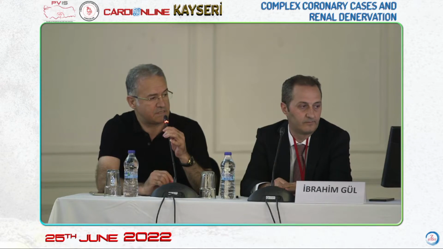We have to be careful, and then we can use this technique as well. And actually, in a complex LAD, I have used a circulator. The reason for this is that the catheter engagement should be prevented, and I think that is a very good tip.